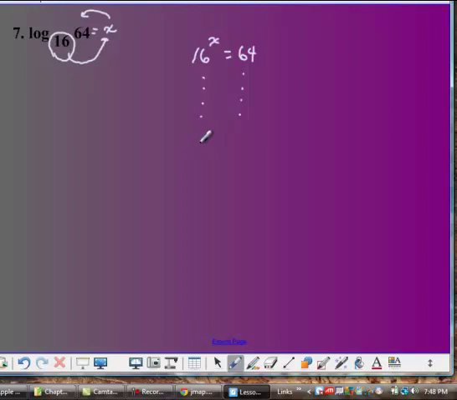I'd have to rewrite these in like bases. So 16 is 4 squared, to the x. And 64 is 4 to the 3rd. So now that I have common bases, I can ignore them. And 2x equals 3. So x equals 3/2. Okay. Done.